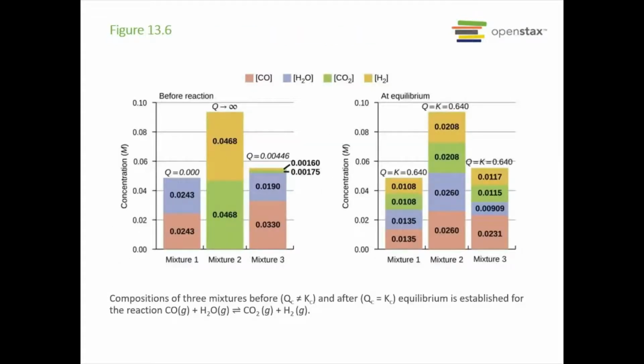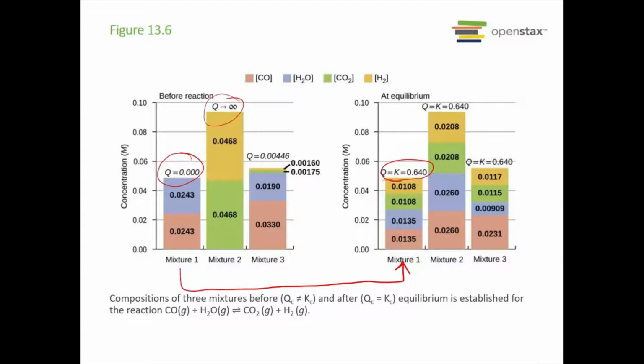So here are some examples looking at these different starting reactions. Before reaction is on the left side. So for instance, at Q equals 0, let's say we decided to start with just carbon monoxide and water. We see their concentrations, and then at equilibrium, we get to Q equals K equals 0.640. Mixture 2, we decided to just start with products, so Q was approaching infinity.